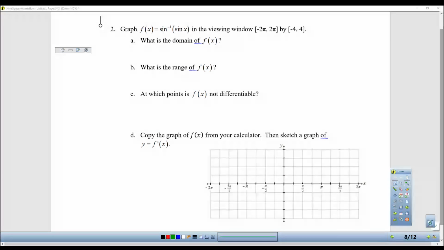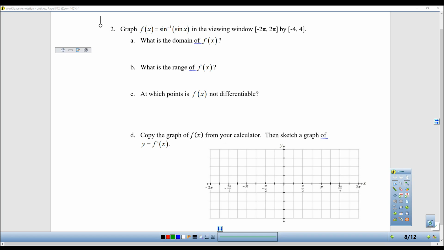Okay, another super interesting problem. Graph f of x is equal to inverse sine of sine of x. So I would love to think that you're getting your graphing calculators out, making this window, x goes from negative 2 pi to 2 pi, but I know you're just going to wait for me to graph it.